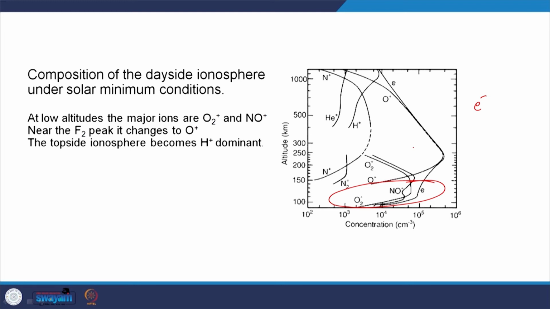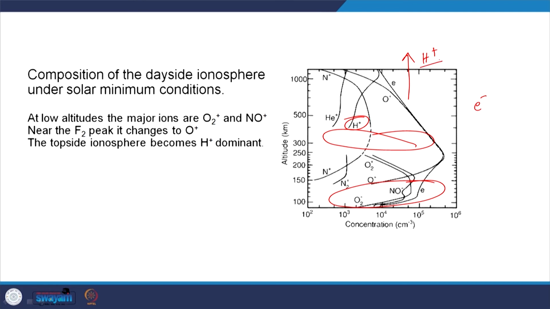The F2 peak is generally in this region, 250 or 300 kilometers, and the top side of the ionosphere is generally hydrogen dominated. So, this is the top side, also called the protonosphere.